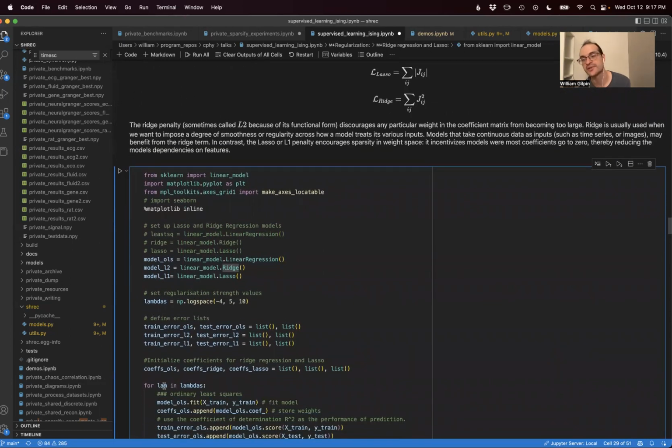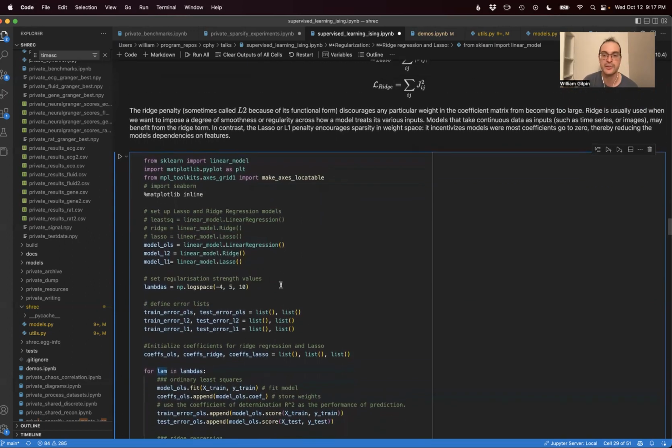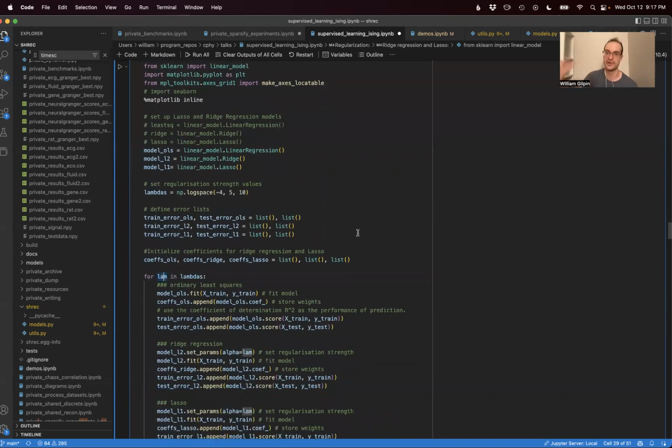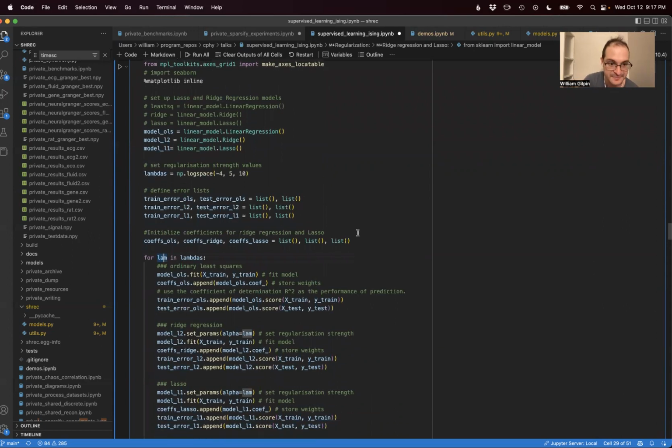For now, I'm just going to sweep a bunch of different values of that penalty parameter. As I increase lambda, I'm going to fit models that have larger and larger penalties on either the sum of the absolute values or the norms. So we're going to go from a limit where these are not very active to a limit where they sort of dominate the fitting dynamics.